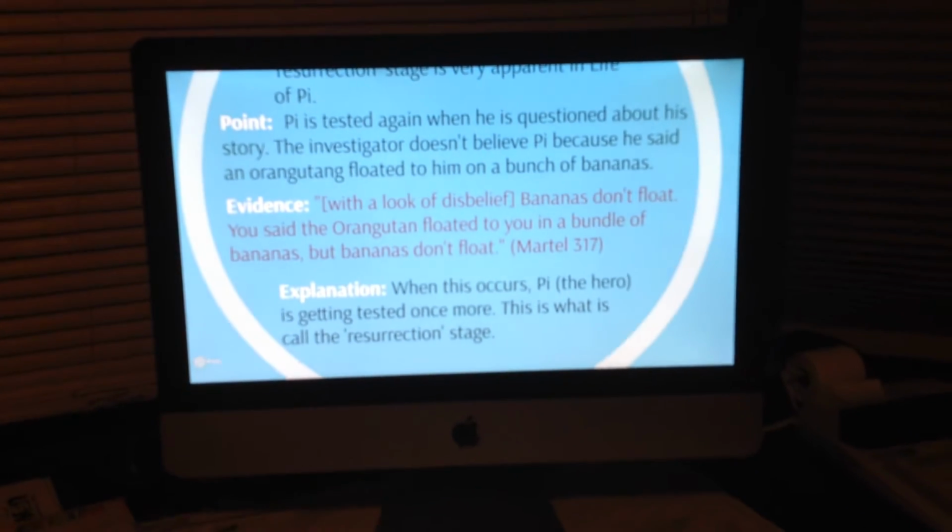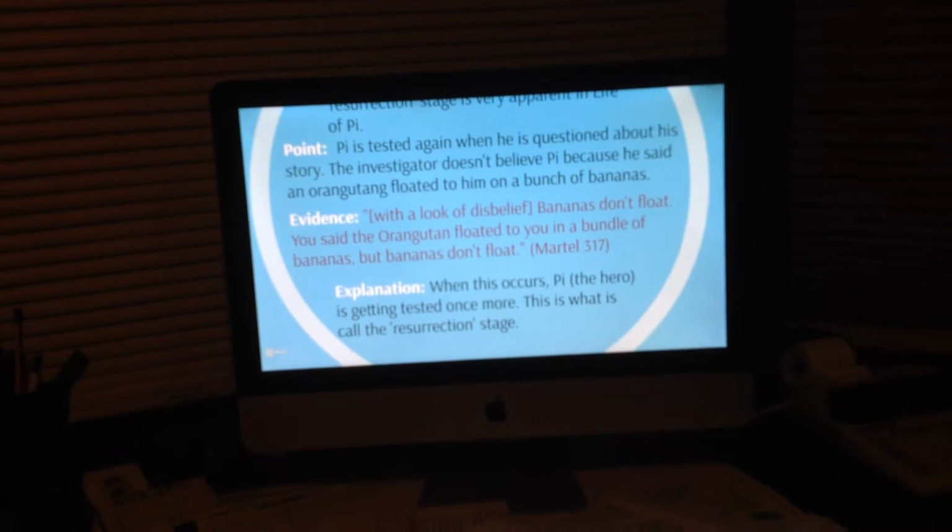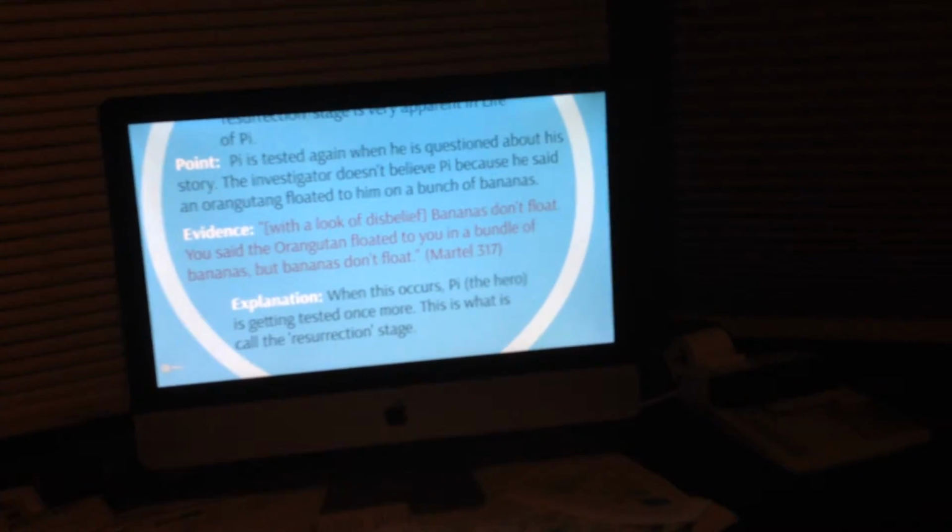The evidence that I found from the book was on page 317, when the investigator said with a look of disbelief, "Bananas don't float. You said the orangutan floated to you in a bundle of bananas, but bananas don't float." When this occurs, Pi, the hero of the book, is getting tested once more. This is what is called the resurrection stage.